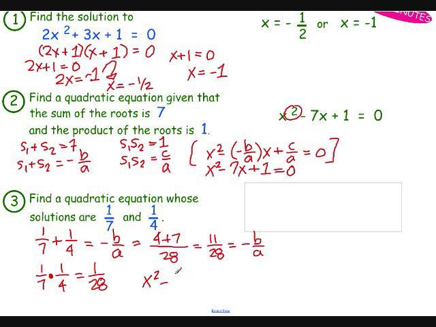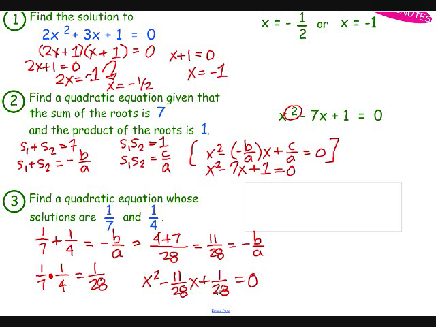Oops. Minus 11 over 28 times an x, right? That's minus whatever my negative b over a was. And then plus the product of the two solutions, 1 over 28. And of course that's all equal to 0.